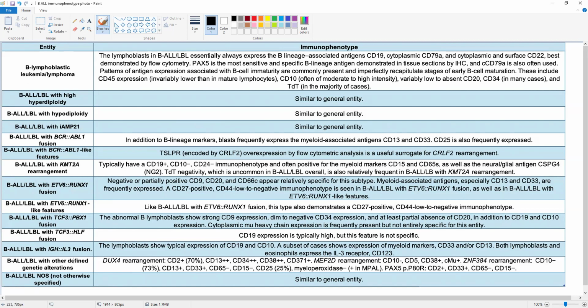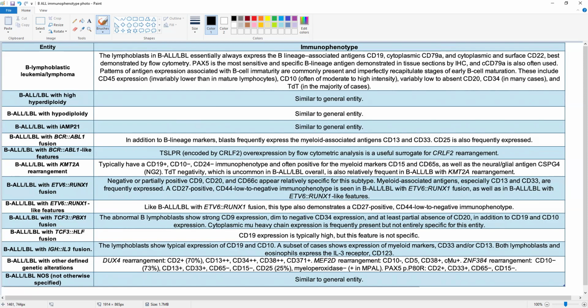As for B-lymphoblastic leukemia lymphoma with other defined genetic alterations, it depends on the specific alteration. For example, DUX4 rearrangement can show positivity for CD2, which is a T-cell associated antigen. It can also show expression of CD13, which is a myeloid associated antigen. As for MEF2D rearrangement, these can be CD10 negative and cytoplasmic mu heavy chain positive.